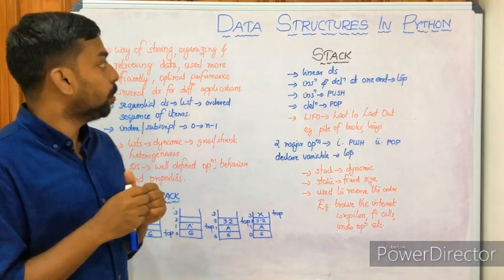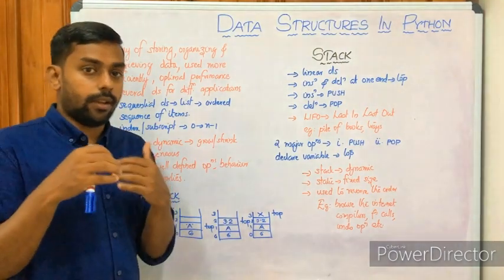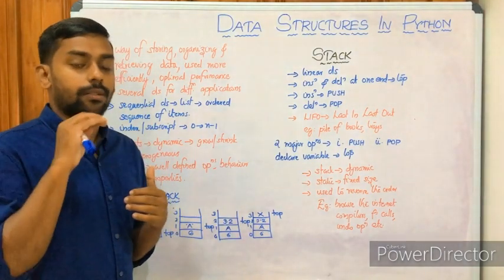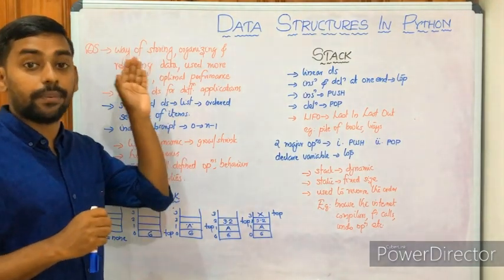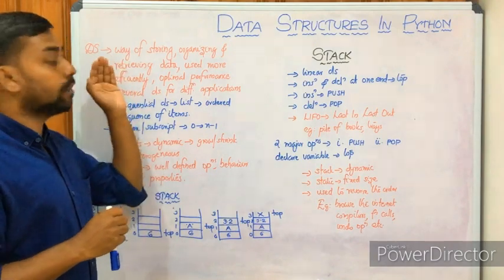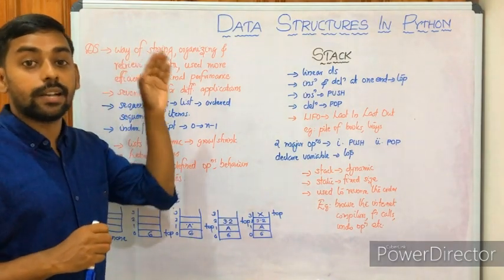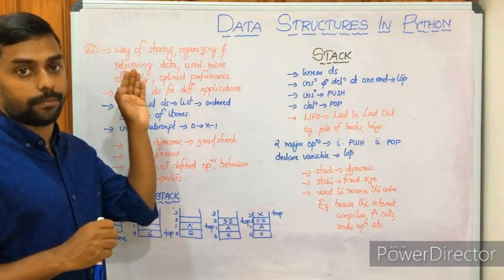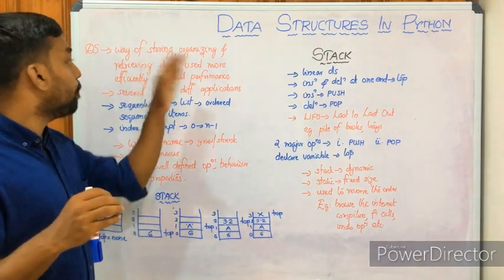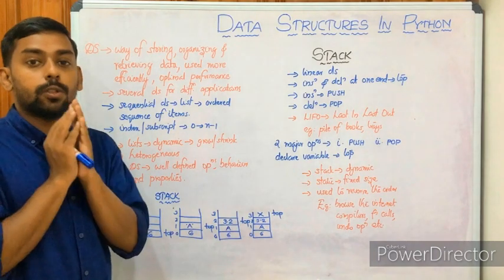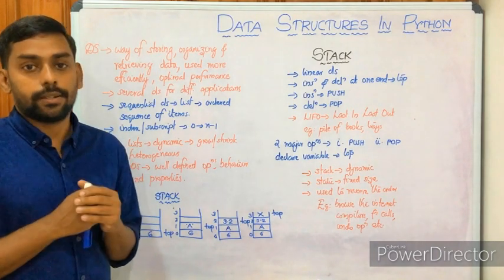We don't go for much introduction, we can go straight to the topic. So here is the exact definition of data structures. Data structure is a way of storing, retrieving and organizing data used for more efficient performance and to provide optimal performance.